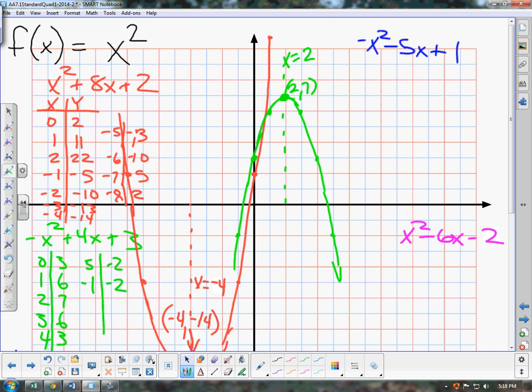Moving to the blue one, on the blue one, we are going to have (0, 1), (1, negative 5), (2, negative 13), (3, negative 23), and I think we've gone far enough in that direction.